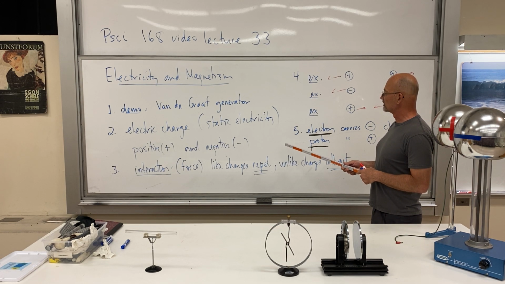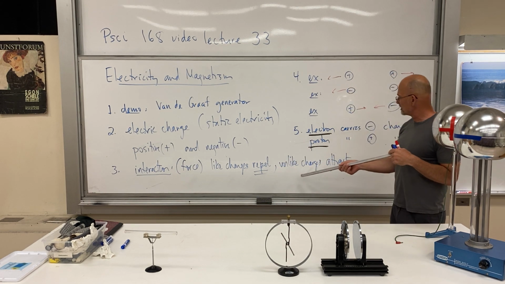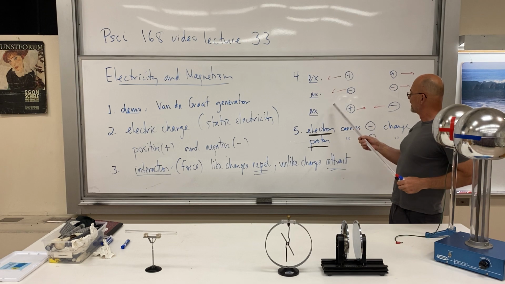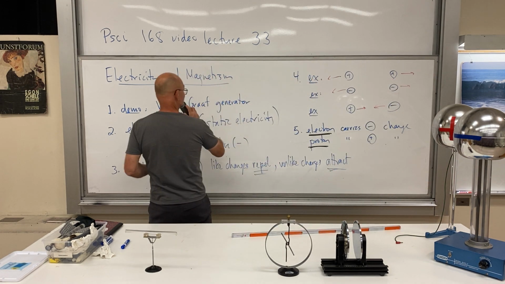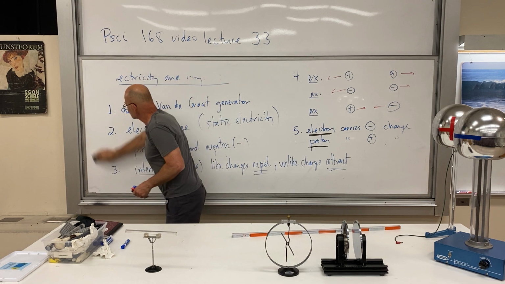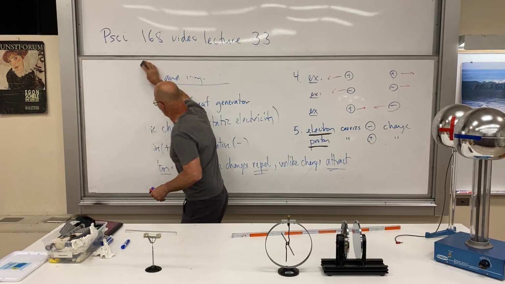So we got electric charge, the interaction, like charges, unlike charges, and those examples. Okay, so what are we going to do next? Keep numbering.